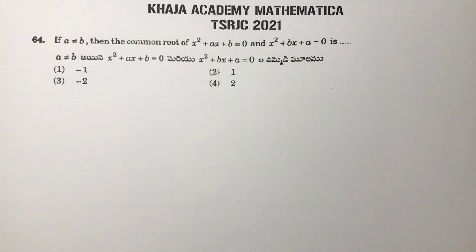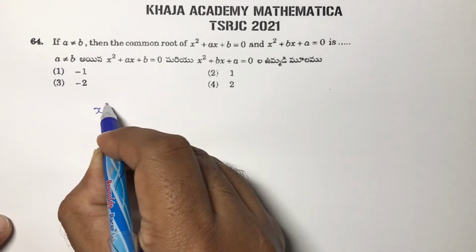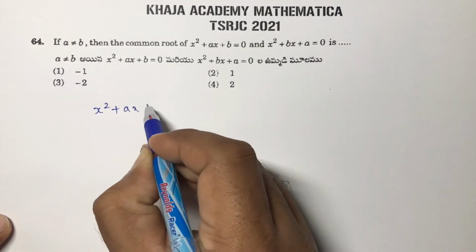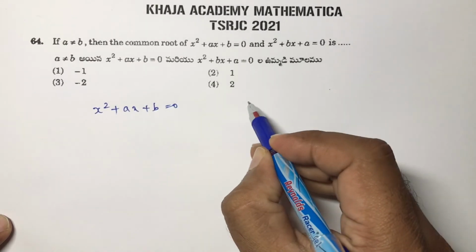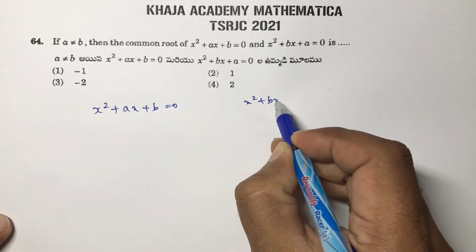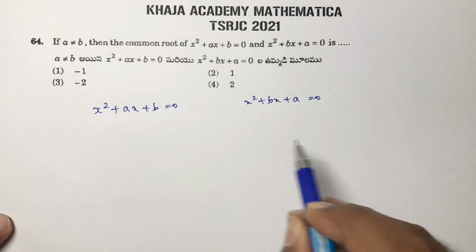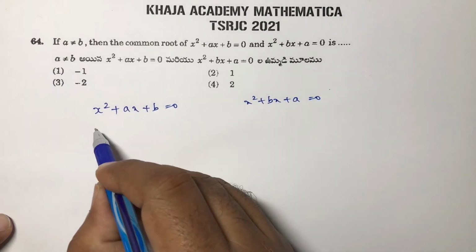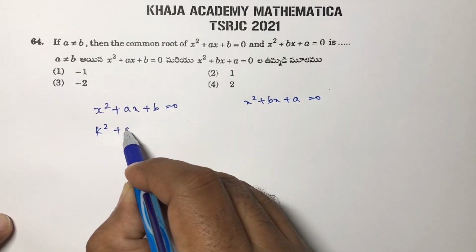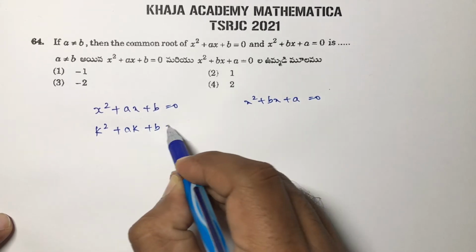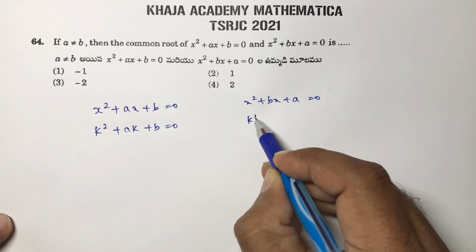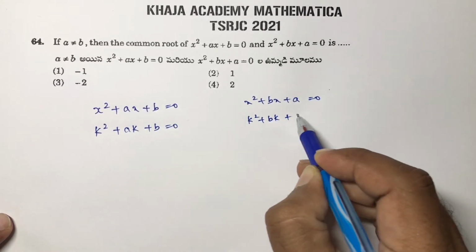If a is not equal to b, then find the common root of x square plus ax plus b equals 0 and x square plus bx plus a equals 0. Let the common root be k. So if we substitute, k square plus ak plus b equals 0, and k square plus bk plus a equals 0.